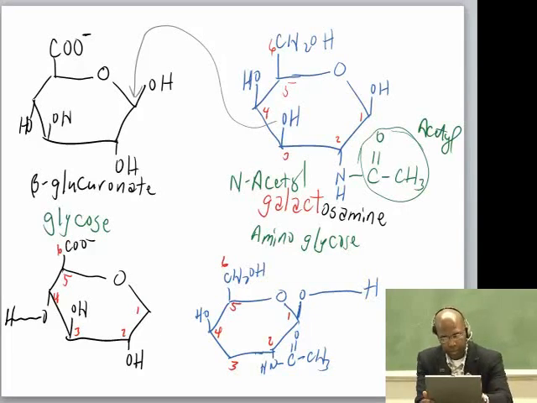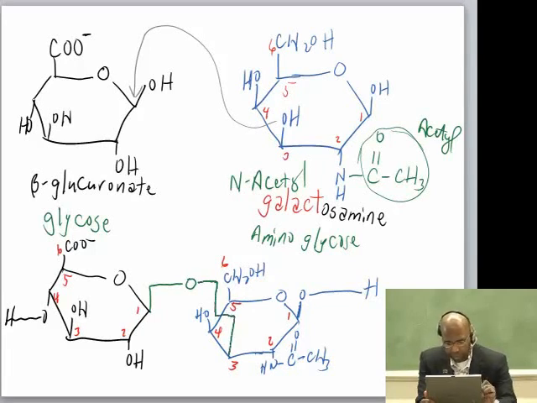Okay. So now let's make this compound. So what's going to happen, this first bond is going to be beta, so this has to go up to the O, and then this one is going to go down here.